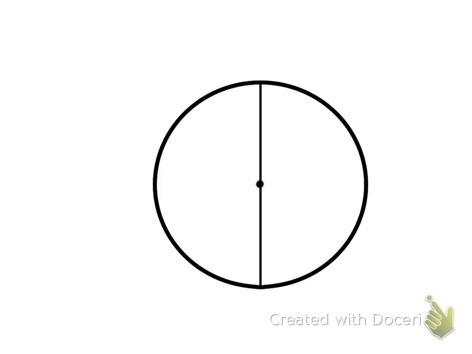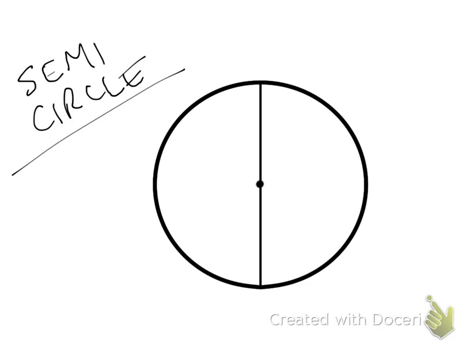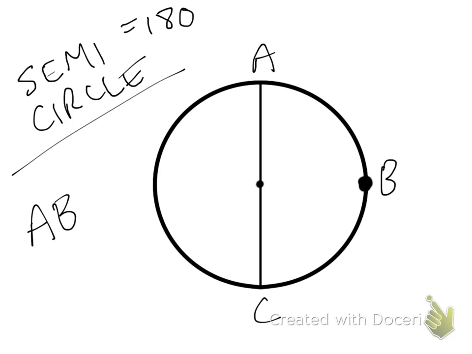And the last thing here for arcs is the semicircle. A semicircle is an arc that is exactly equal to 180 degrees. For this one, we use three letters as well. So let me go ahead and add a point out here, and we'll stick with A, we'll call this one B and C. I would call this one ABC.